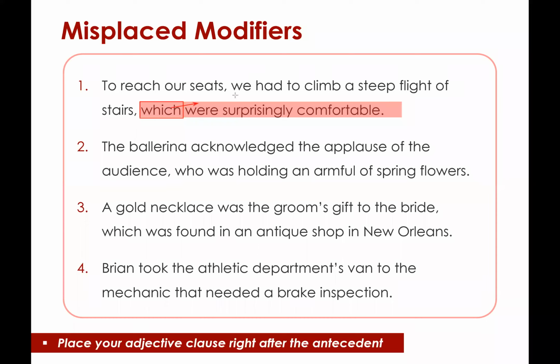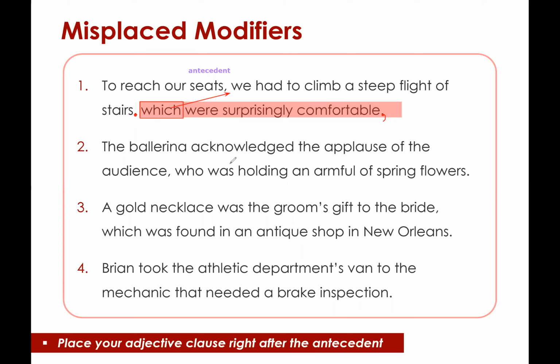So we have to place it as close to its antecedent, which is the noun it modifies, as possible. So right now, if we leave it as it is, it would be modifying stairs, which is incorrect. And of course, after we move it, we want to make sure that we change the comma, right? We have pairs, so to speak. We'll change the punctuation after stairs to a period, okay?